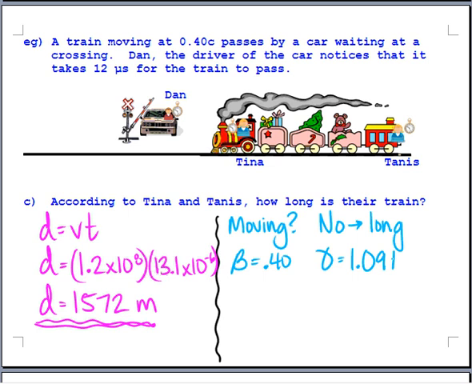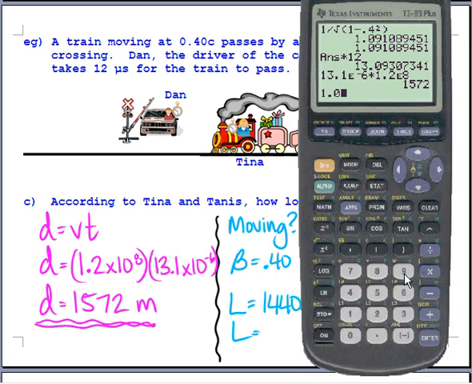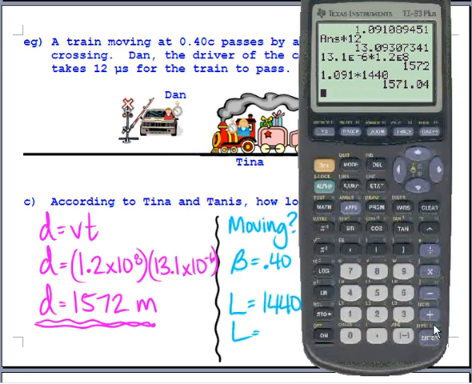So why don't we just take the skinny length that Dan measured and multiply by our weirdness factor to make the thing longer. And this option works too. 1.091 times 1440 equals 1571.